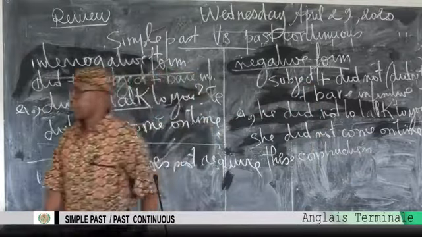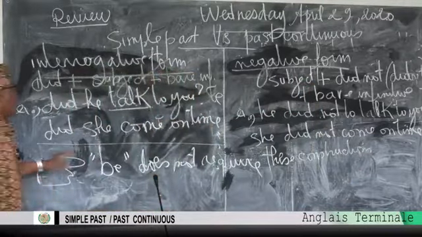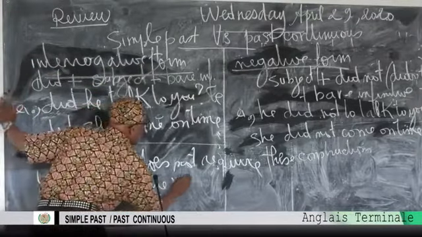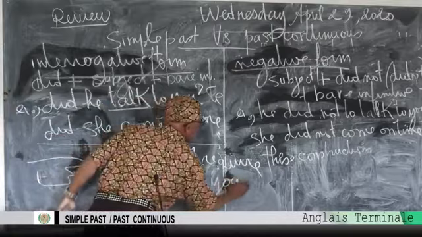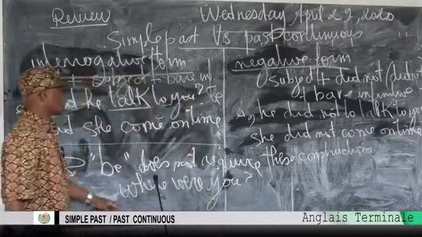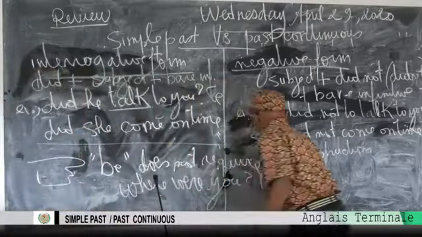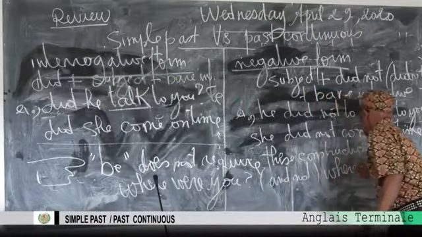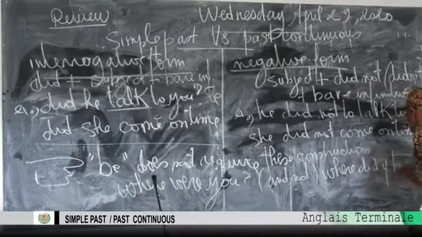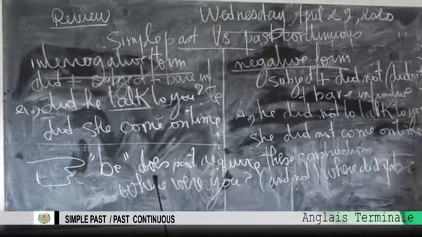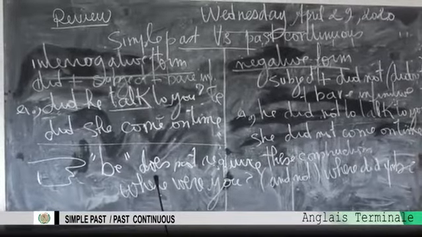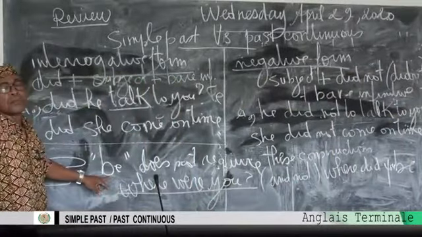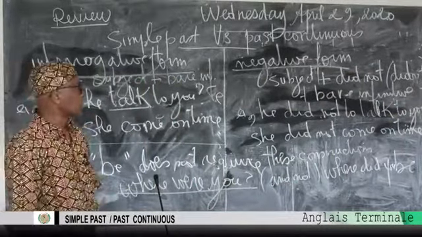For example, you'd say, where were you? And not, where did you be? Which is grammatically incorrect. So the correct way is to say, where were you? So this is an exception to the rule, of course.